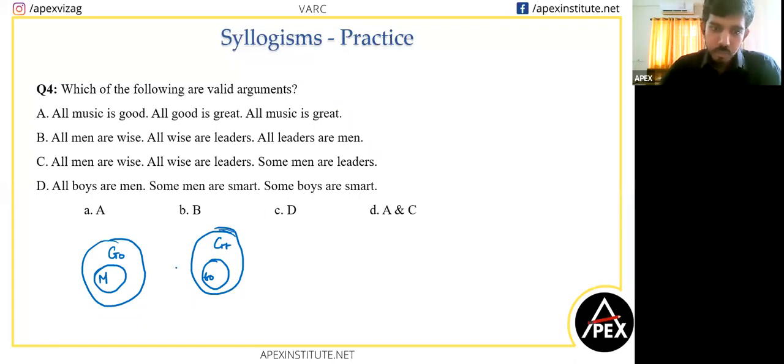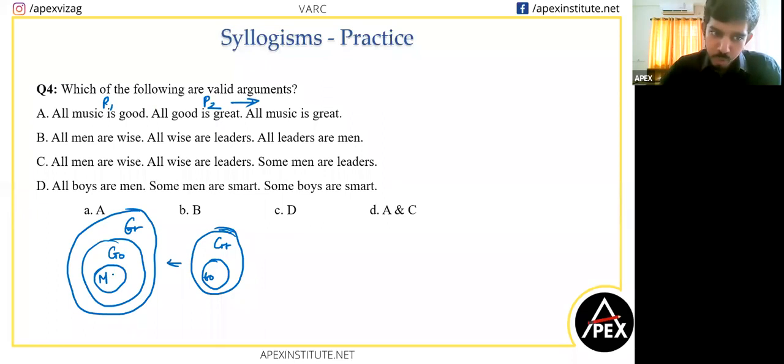Can we superimpose this on this? If all music is good and all good is great, then we can say a larger circle for great. Right? Can we say this? So music is a subset of good and good is a subset of great. So this is premise 1 and this is premise 2. Therefore, can we say that all music is great?